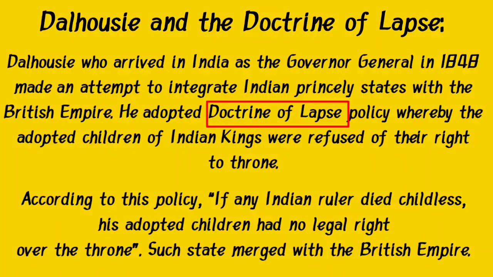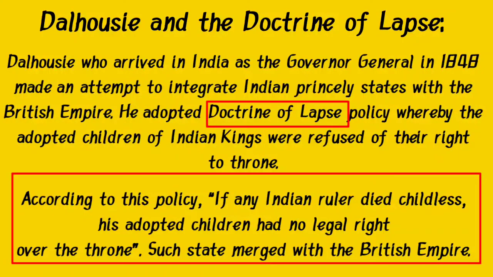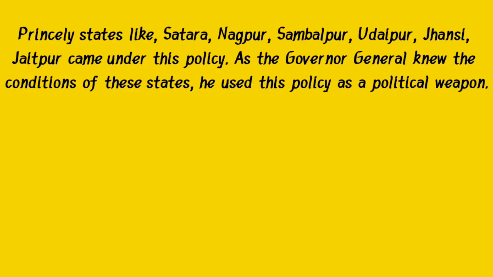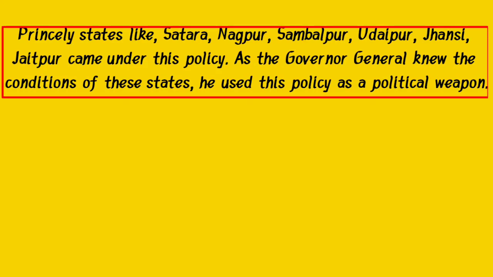According to this policy, if any Indian ruler died childless, his adopted children had no legal right over the throne, and such a state merged with the British Empire. Princely states like Satara, Nagpur, Sambalpur, Udaipur, Jhansi and Jaipur came under this policy.